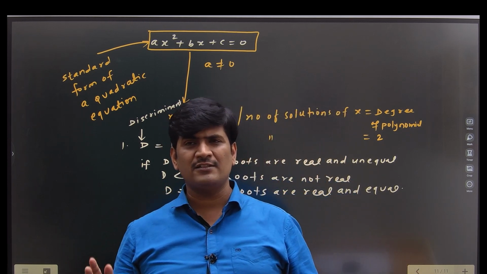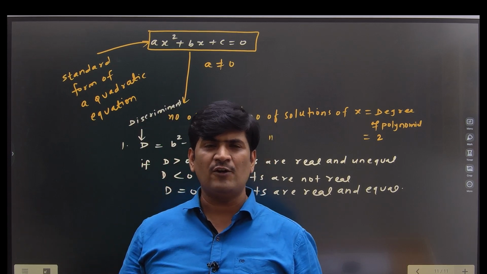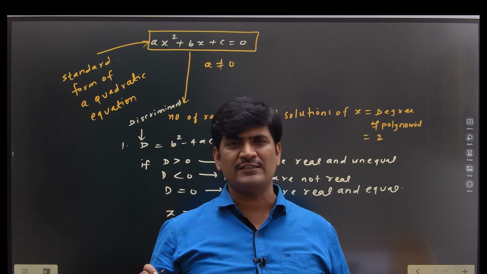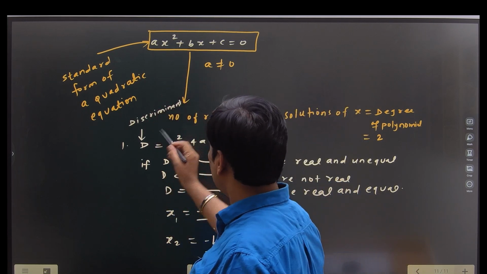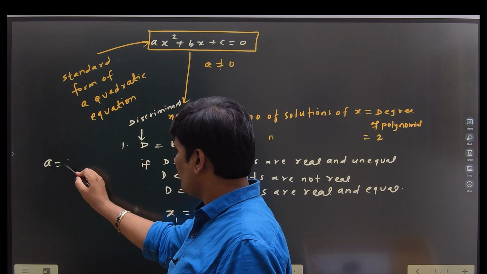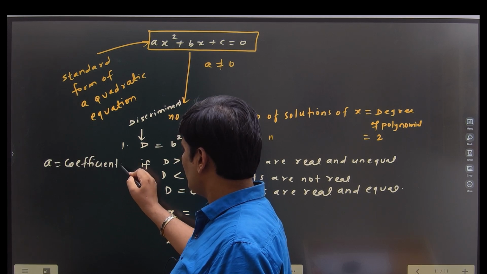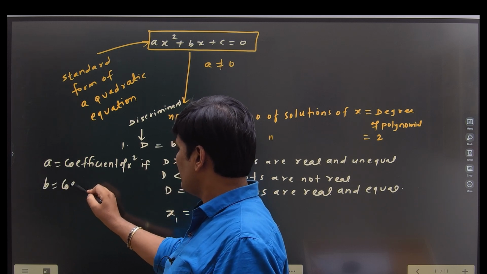So how to check? Just first step, we have to find the discriminant. How to find the discriminant? D is equal to b square minus 4ac. What is b? B is the coefficient of x. What is a? Coefficient of x square.